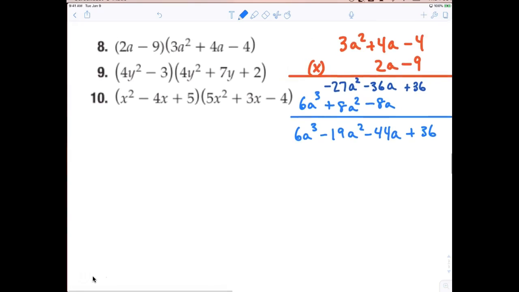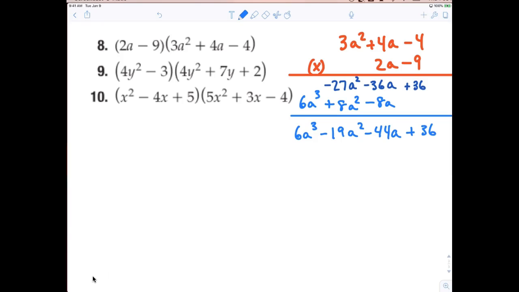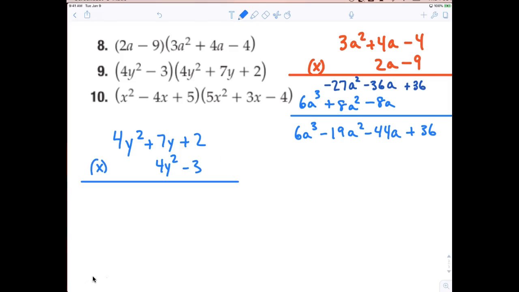Now let's see how you're doing with number 9. Number 9 is a little bit different, but let's see if you can do it. 4y squared plus 7y plus 2 multiplied by 4y squared minus 3. Let's see what you can do.